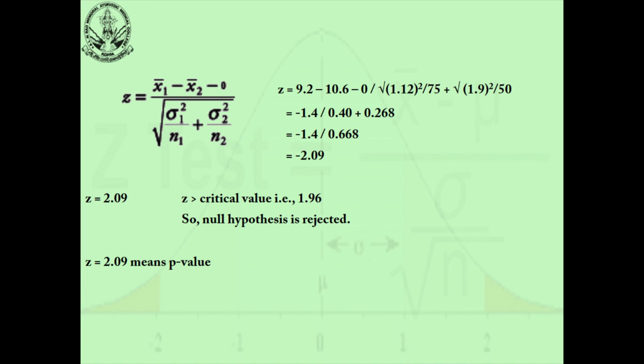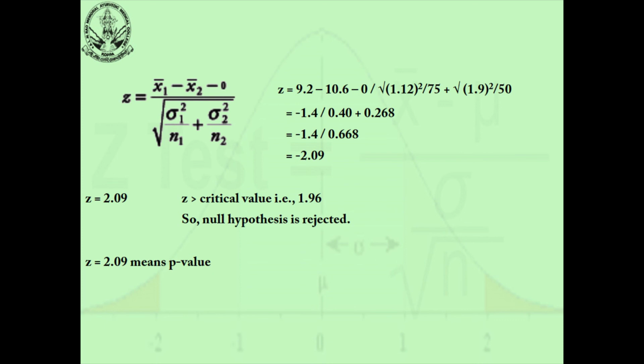So now we use this here: 9.2 minus 10.6 minus 0, and that zero can be negated, divided by the root of sigma 1 square by n1 plus sigma 2 square by n2.